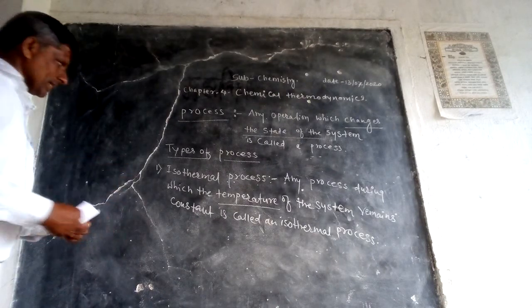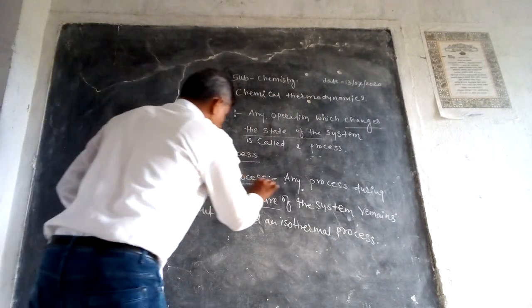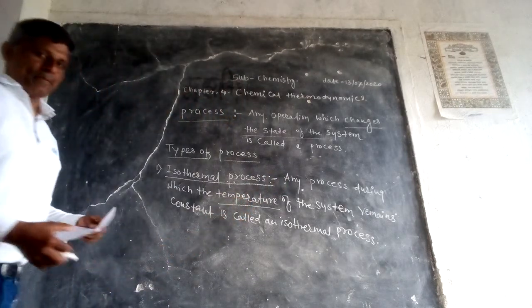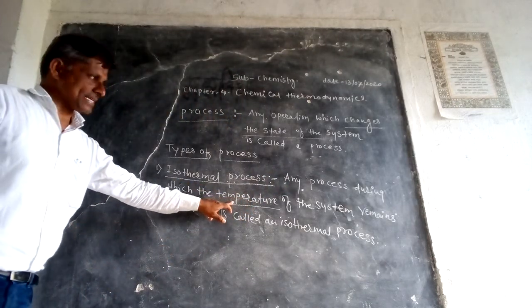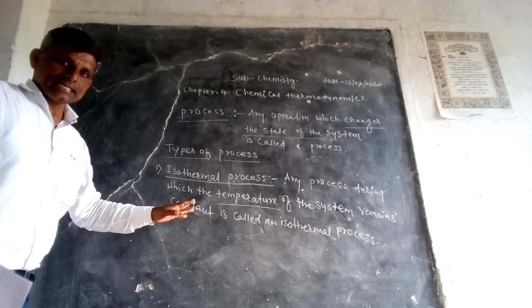Here you got the meaning of isothermal process, a type of process in which the temperature remains the same, constant.